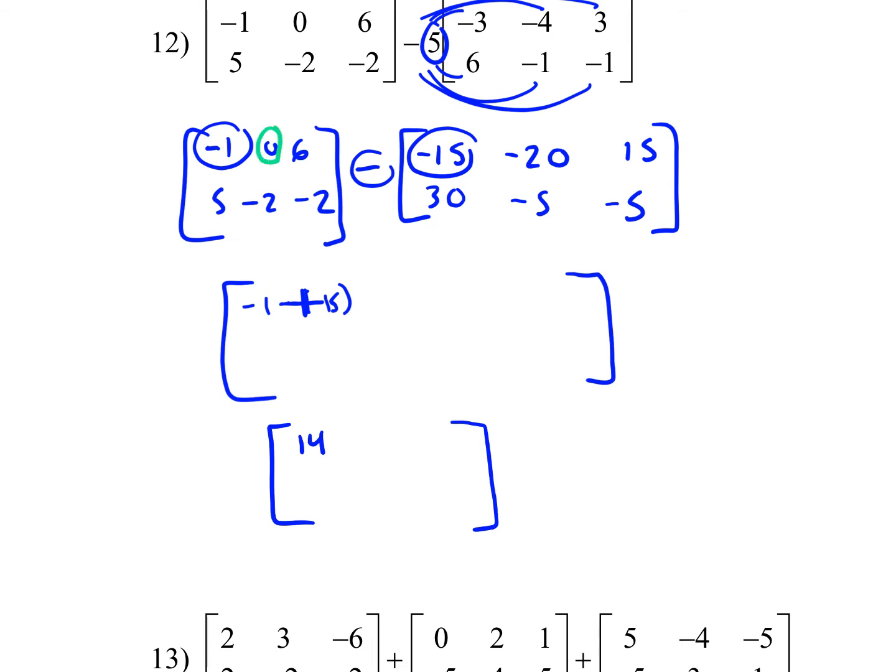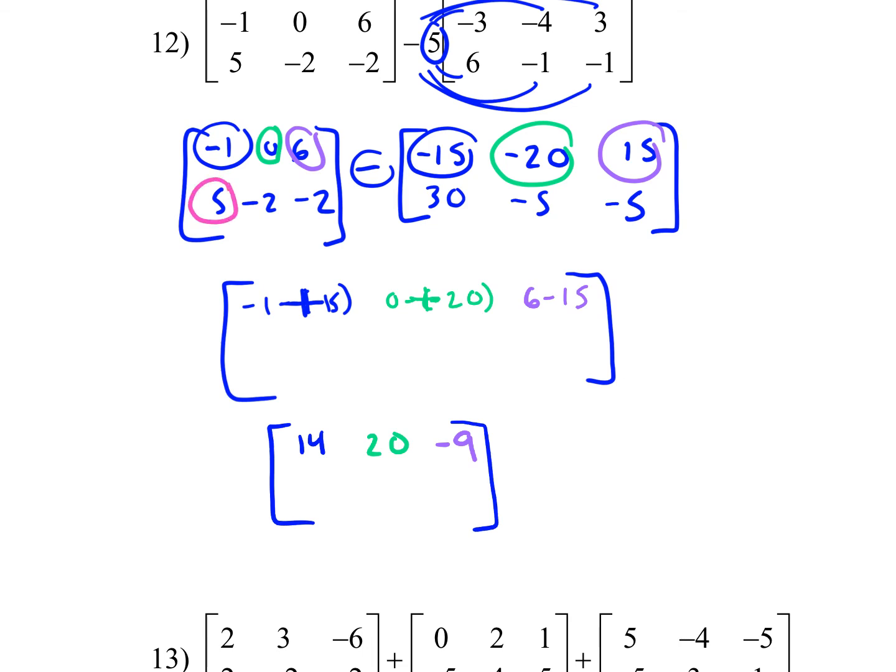Next, I have 0 minus negative 20. What happens when you have minus a negative? Turns into a plus. So positive 20. I have 6 minus 15. 6 minus 15 is? Negative 9.